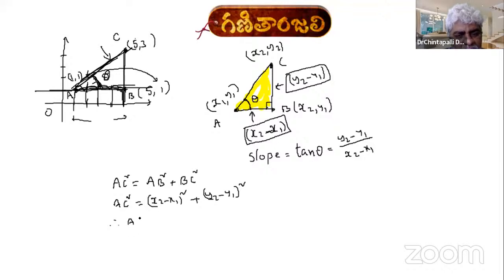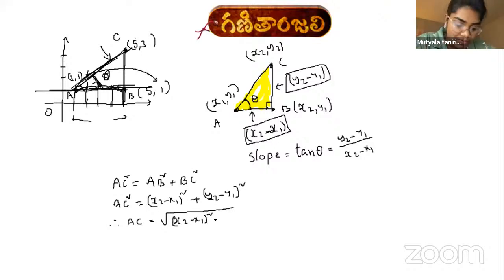Then what is AC? The square will become root on the right hand side: root of x2 minus x1 whole square plus y2 minus y1 whole square. This is the derivation, the proof of the formula. Generally we use the distance formula, but we must know the reason behind the formation of that formula. Have you understood?